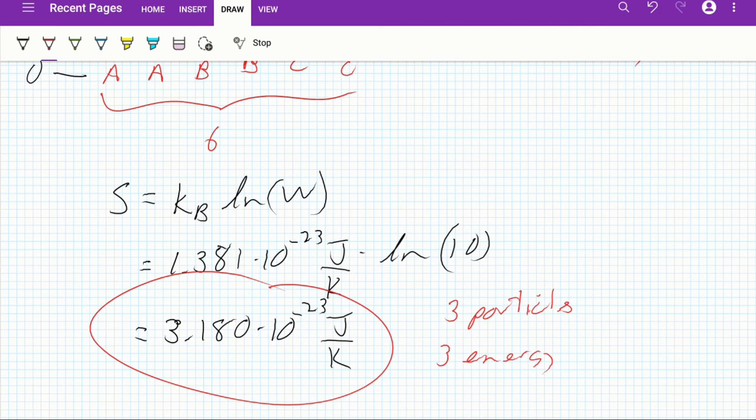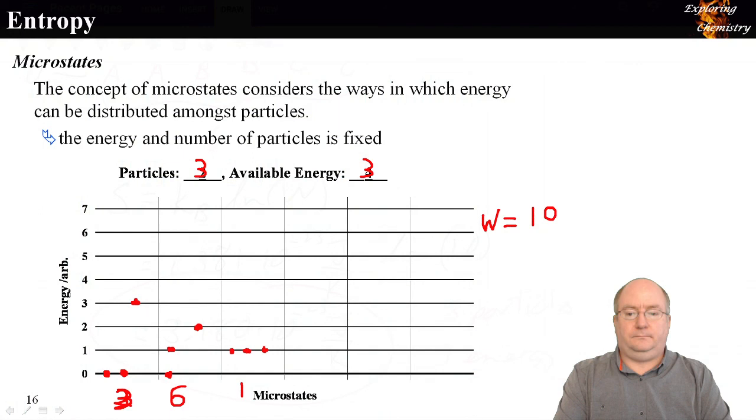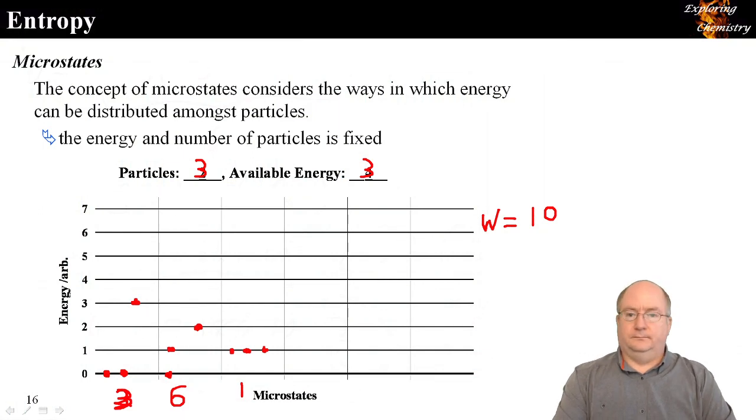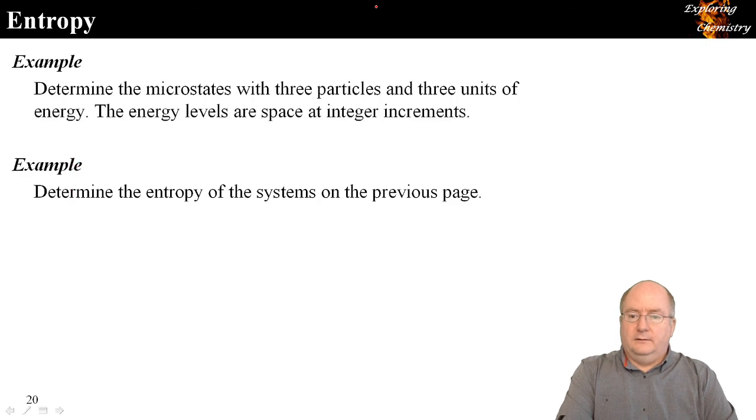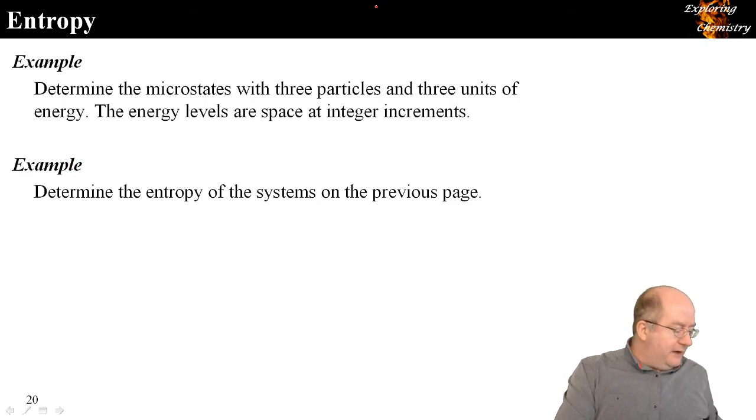That's not this course. That's an advanced graduate level or senior undergraduate course on Stat Mech, but it is possible to do that. And so this is what we have come to.